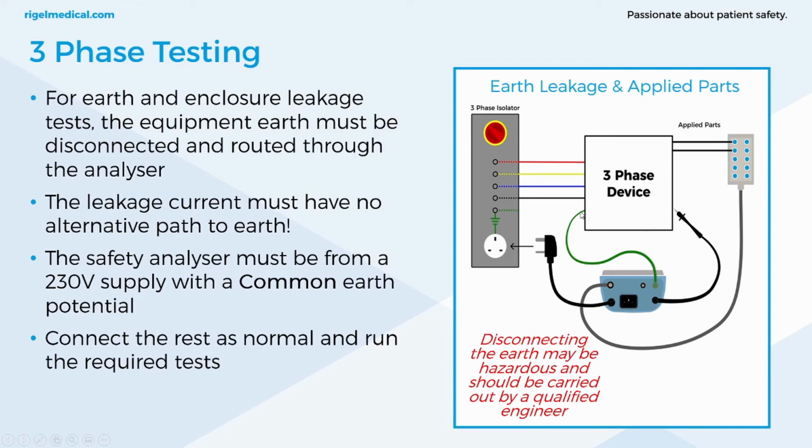So we need to disconnect the earth from the three-phase device and route this to our auxiliary earth socket if using 288+. The safety analyzer must be from a 230 volt supply with a common earth potential, and that's shown in the diagram. Connect everything else up as normal and run the required leakage tests. So it's important to note that this setup can also be used for fixed single phase devices as well.